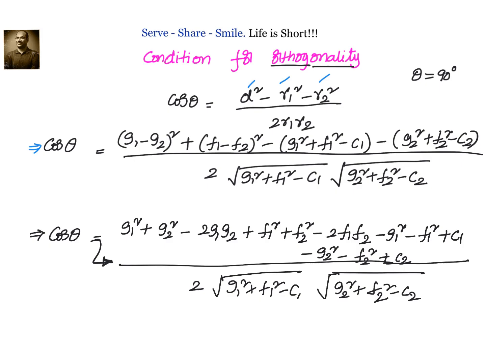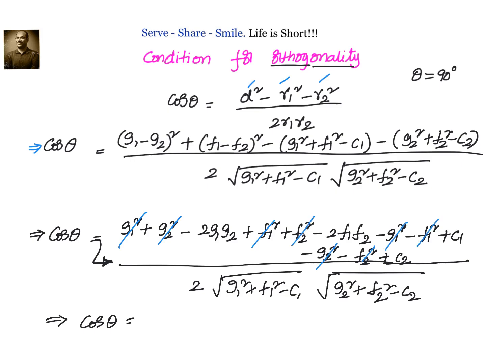It will be cos theta equals to, now we can clearly see that we can cancel g1 square, g2 square, f1 square, f2 square.